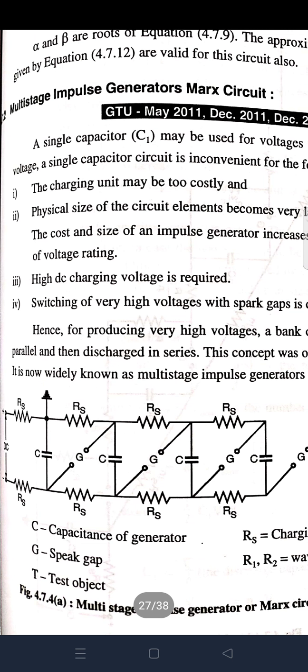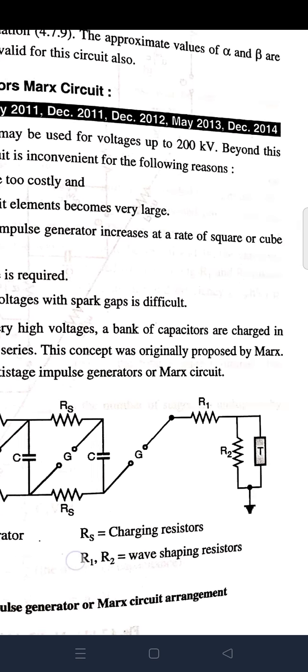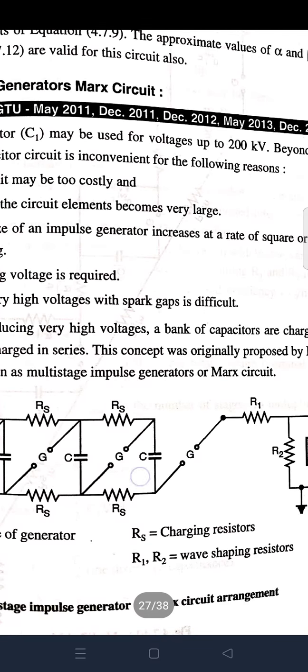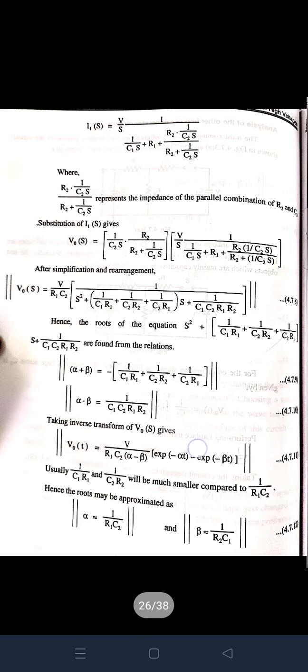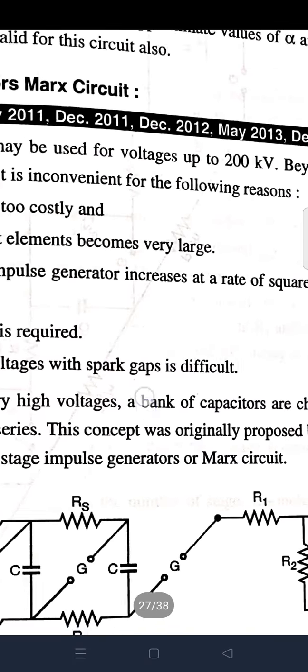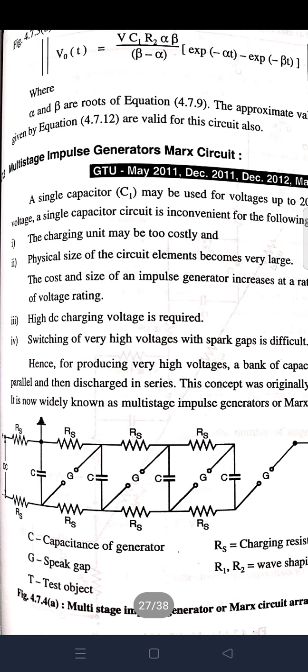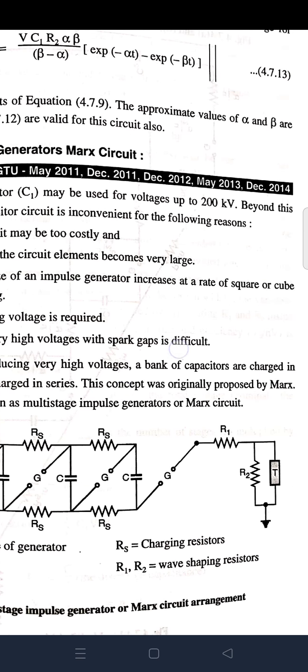So here we can show the circuit diagram. It has a parallel combination and series combination of resistance and capacitance, and the load. Here Rs is a charging resistance and R1 and R2 are wave shaping resistors. R1 and R2 can only be used on the load side. C is the capacitance of the generator, G is a spark gap, and T is our test object.